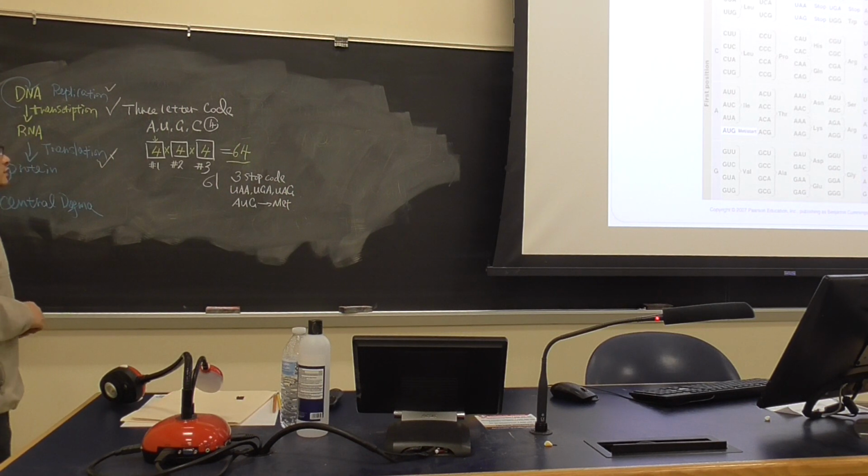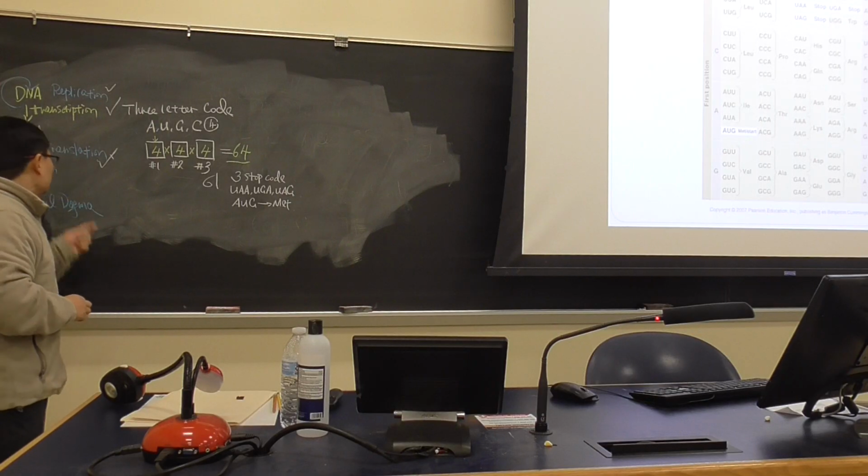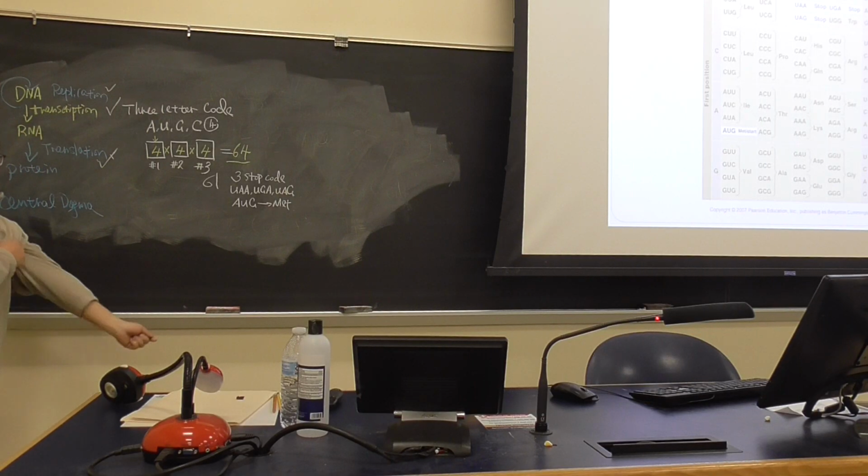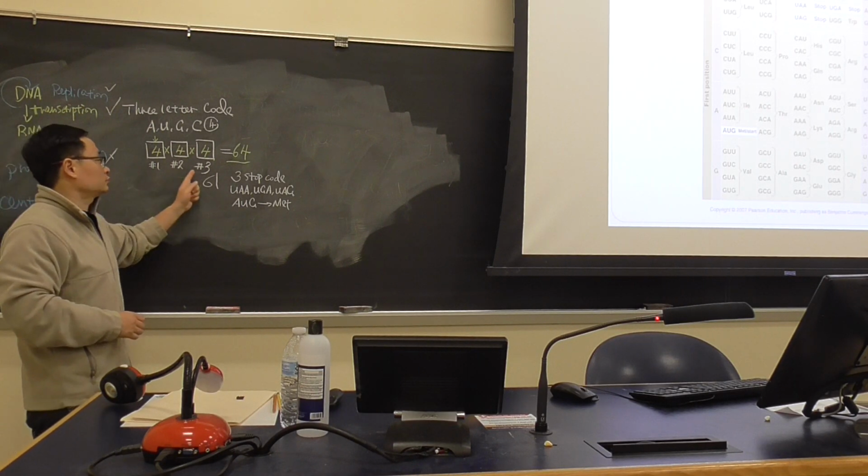Now we come back to this central dogma. Ideally, exactly the same thing should happen in transcription and translation. However, more or less, mistakes or errors happen, which will cause mutation. So you have box number 1, box number 2, and box number 3.